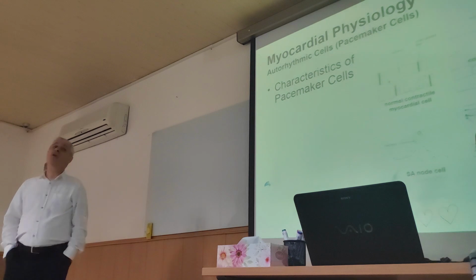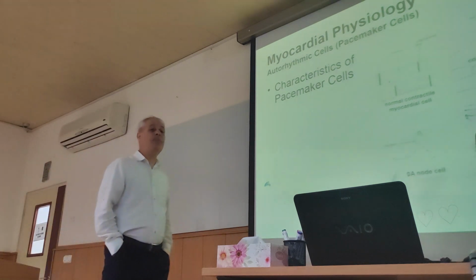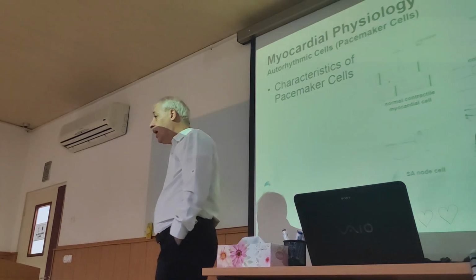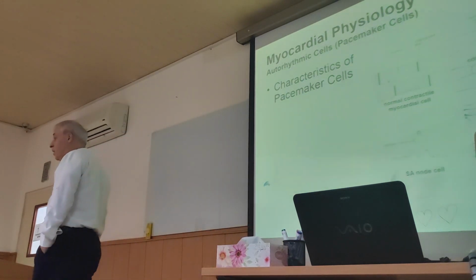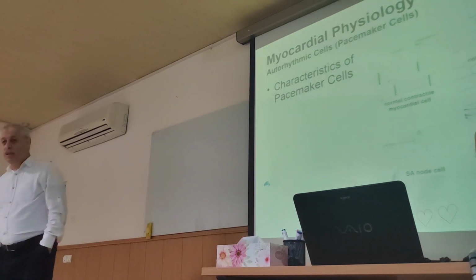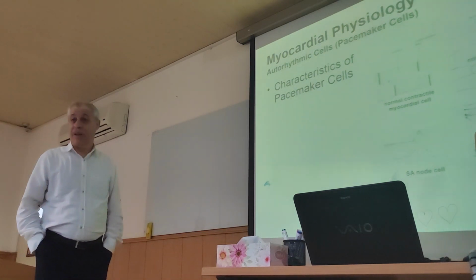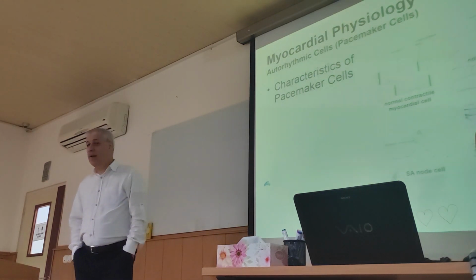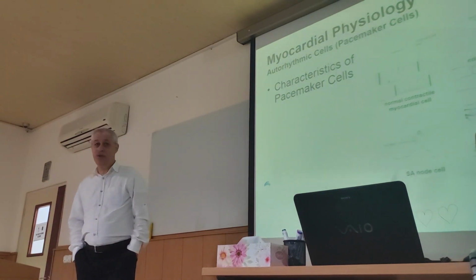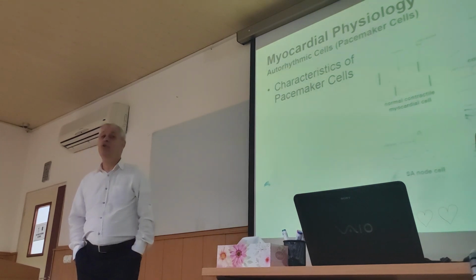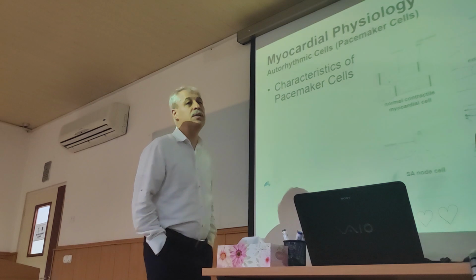But this electrical current will be stopped at the fibrous tissue between the atria and the ventricles, the atrioventricular valves. The electrical currents cannot pass through the atrioventricular valves because they are fibrous tissue, an isolating tissue for electrical currents.